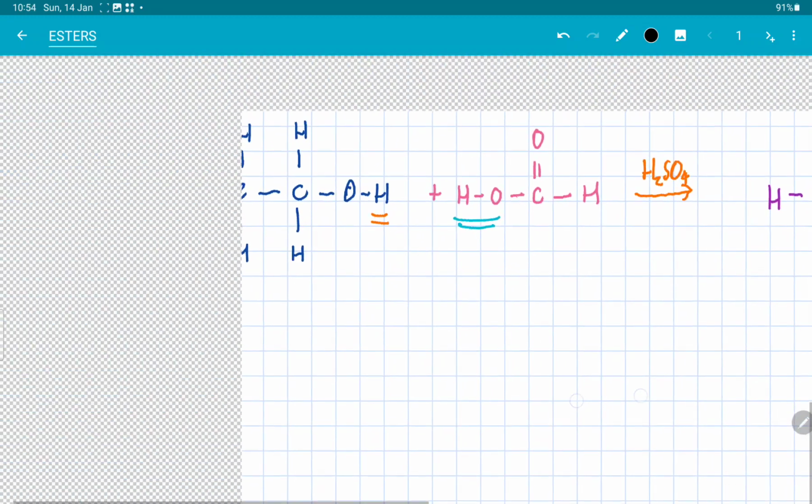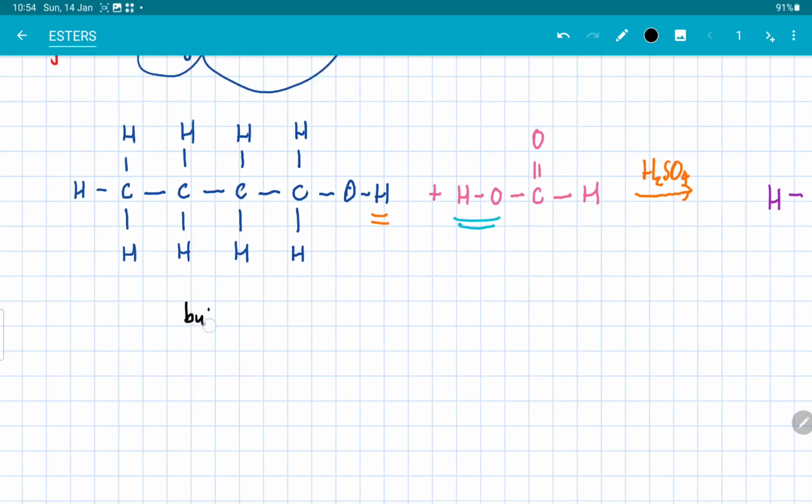This one is the butanol, or butan-1-ol. By the way, just to add, if a functional group is on carbon 1, it's not compulsory to write the position. Hence, it's a butanol, butan-1-ol.